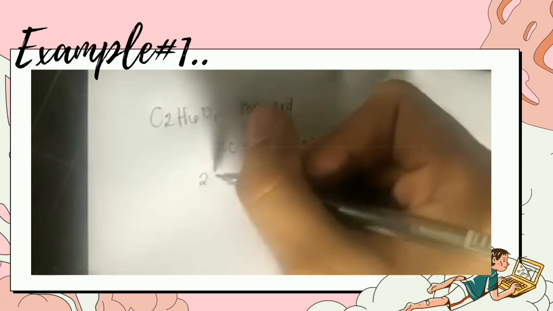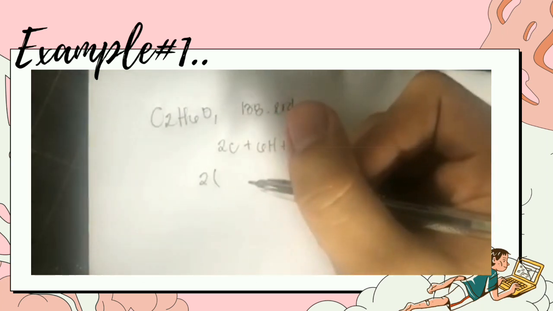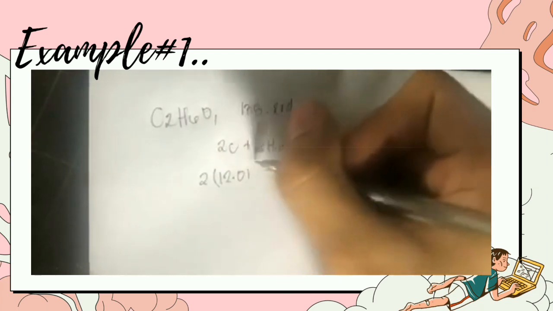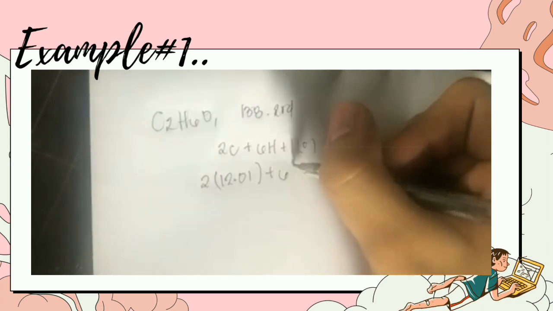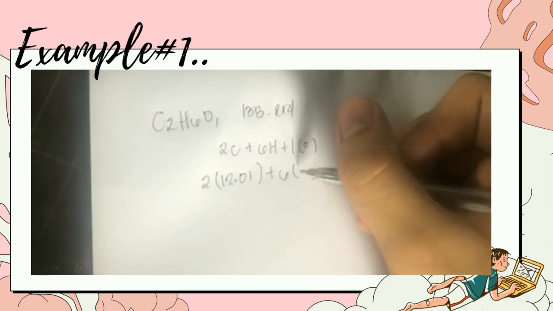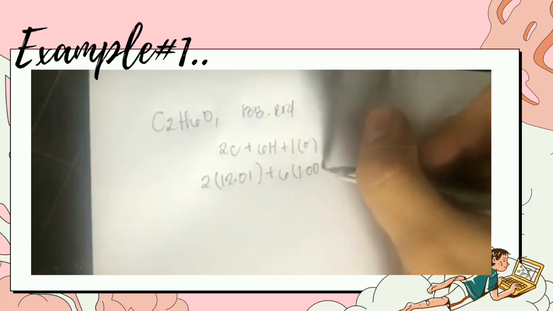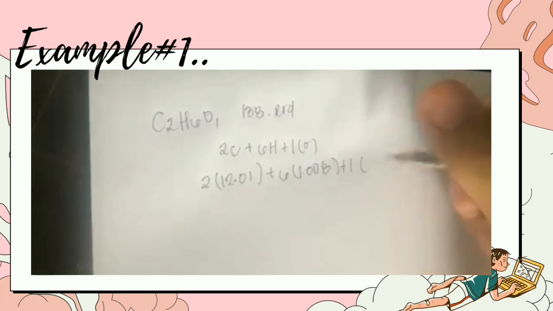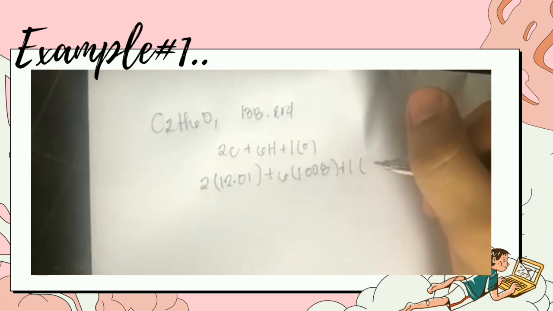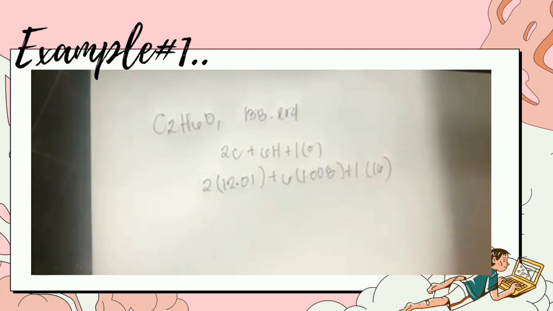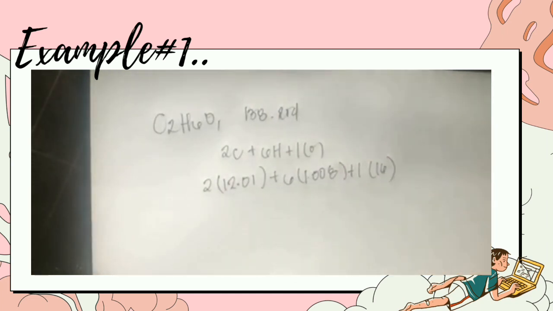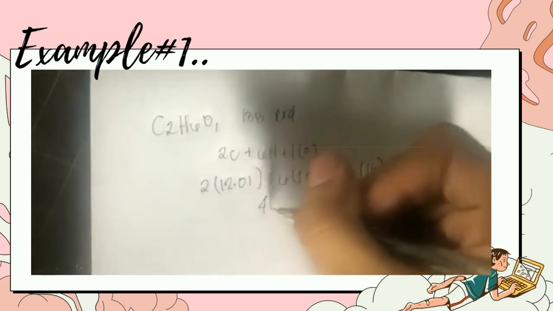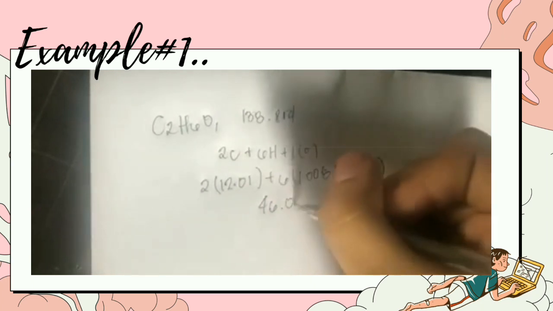So 2 times the molar weight of carbon, 12.01, plus 6 times the atomic weight of hydrogen, 1.008, plus 1 times the atomic weight of oxygen, 16. So if we add all of them, the answer will be 46.068.